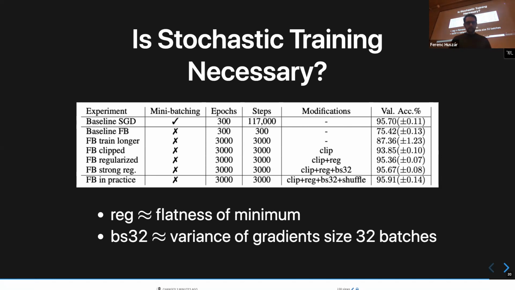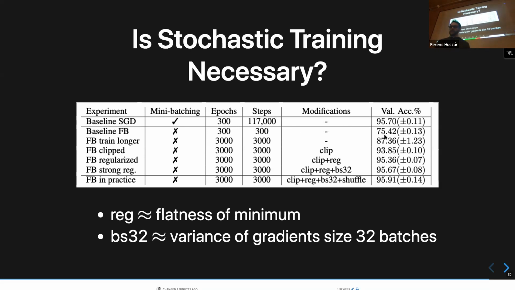Which is good. If you use full batch, FB stands for full batch, not Facebook, just to mention the other company, there's no mini batching. You do 300 epochs like before, but in every epoch, you take just one gradient step on your whole data set. So 300 steps.